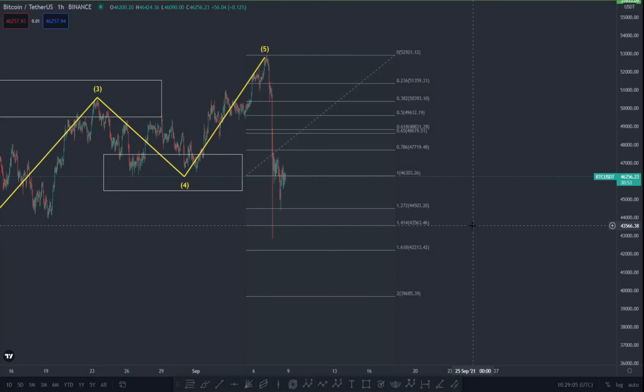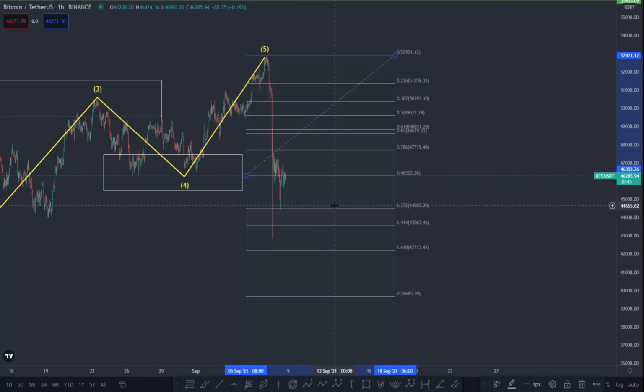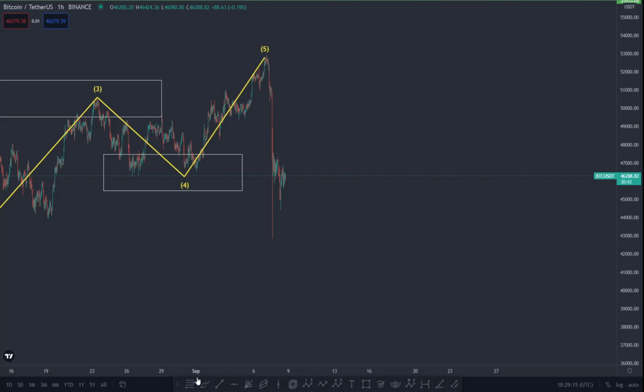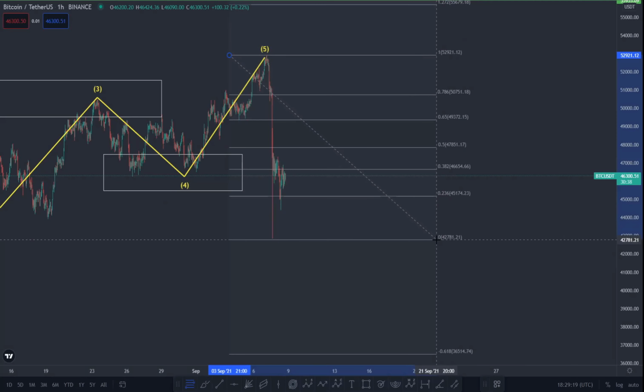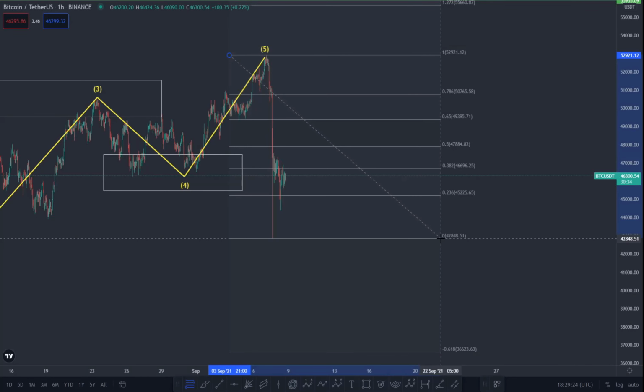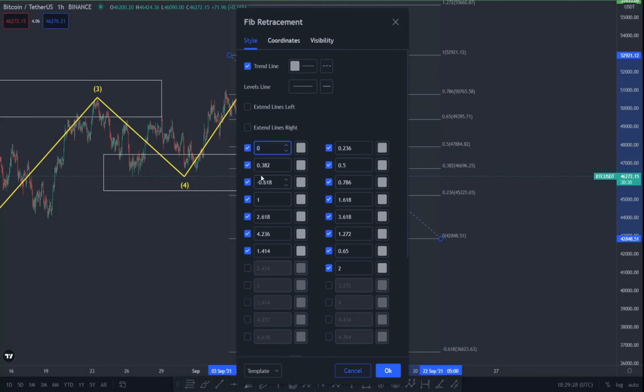Okay, so what have we learned? First, corrective wave down. Now we identified the bottom of the first correction wave, so you can draw another fib, and we add this one back again.